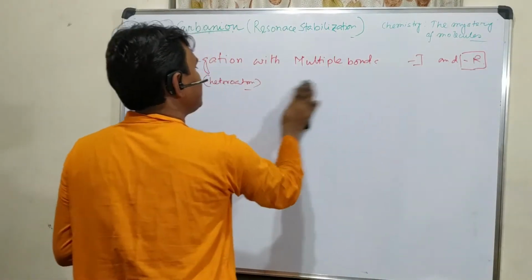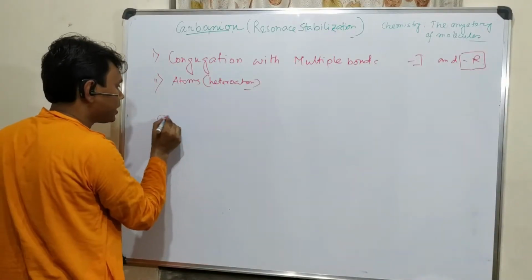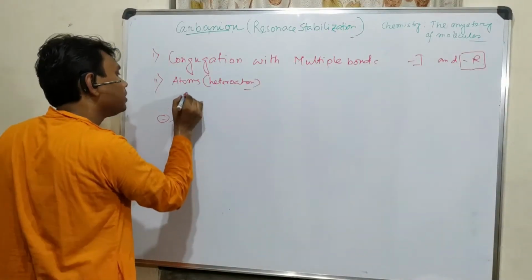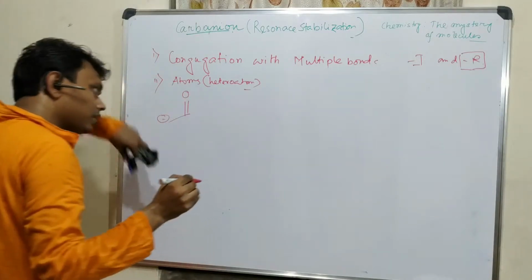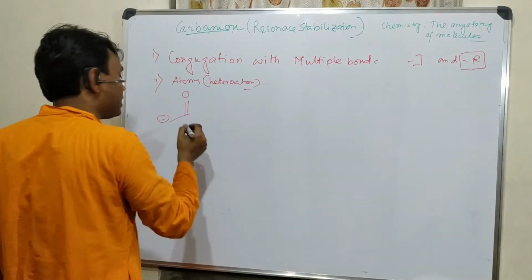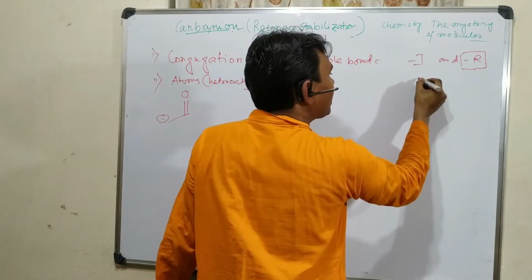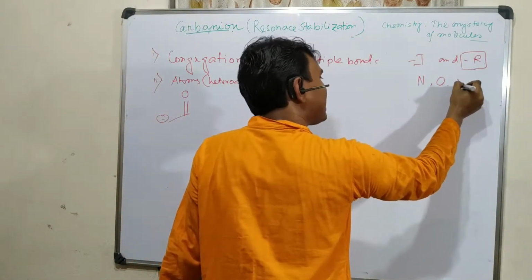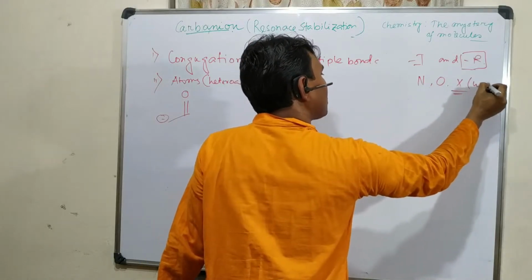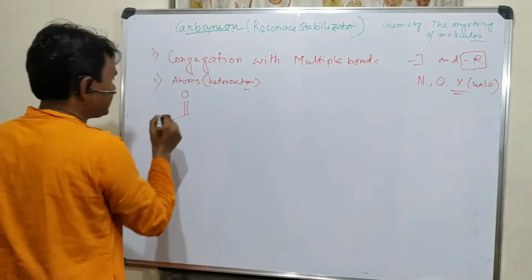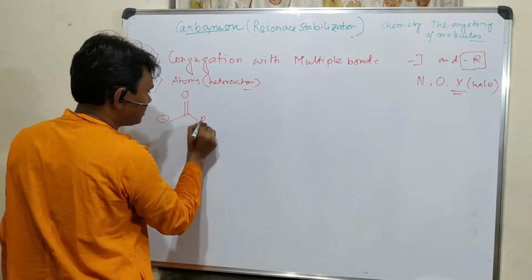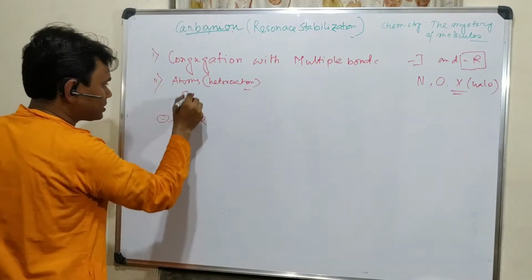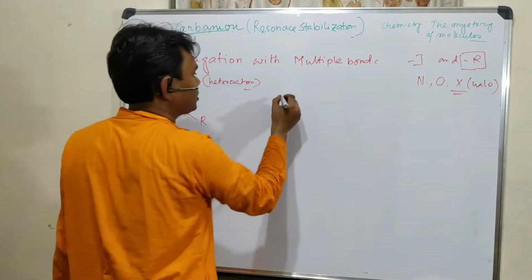For example, consider heteroatoms, like when this carbanion is attached to oxygen. Heteroatoms generally mean nitrogen, oxygen, or halogens. If it is attached to oxygen, what happens? This carbonyl attachment could be different functional groups.